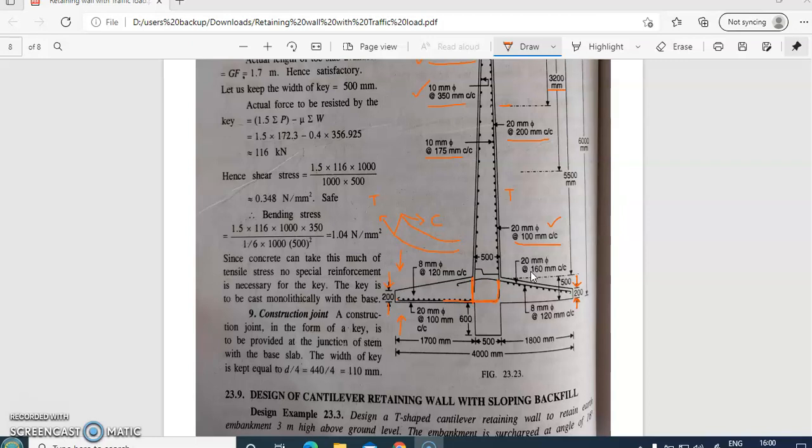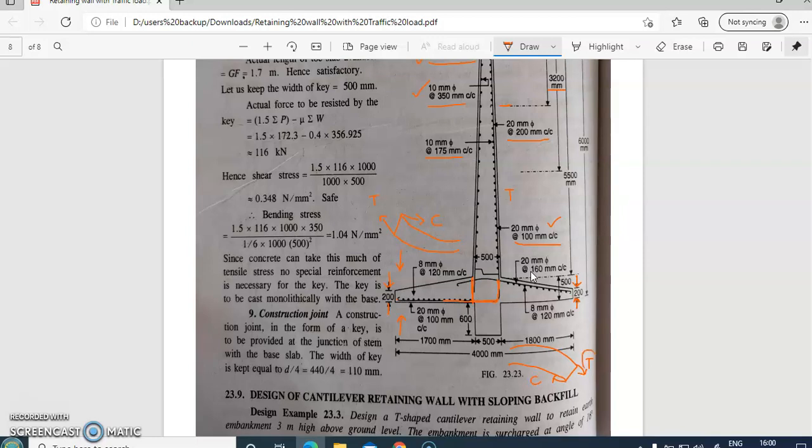So what happens here in the heel slab is the total downward force is more than that of the soil pressure from the bottom. So it is bending like this, which means this is the tension face and the lower side is the compression face.